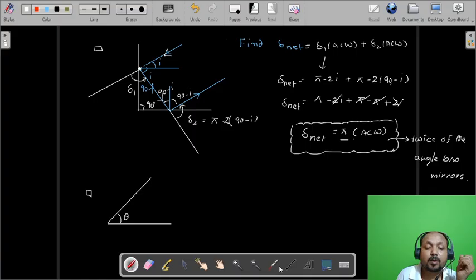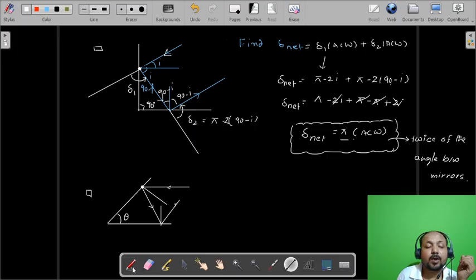Let us take the incident ray coming in this way, reflecting in this way, and then reflecting in this way.